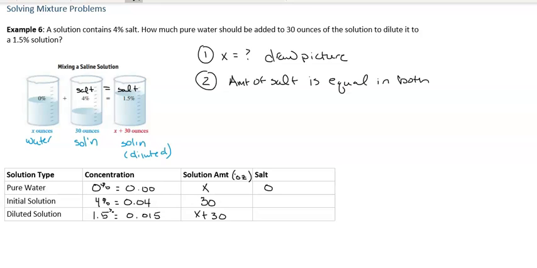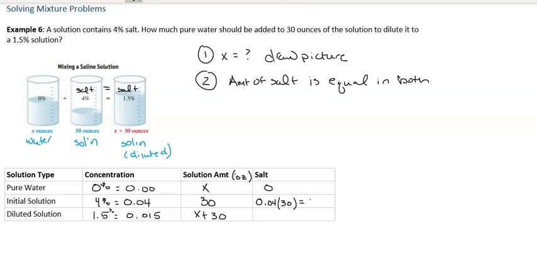So in the initial solution, the salt, and this is key to understand, is we're going to say, well, it's 4% salt. So this is our part, 0.04, and that's our rate. So 0.04 times 30. That's the whole. Okay, so part times whole, percent times whole. I shouldn't have said part, I meant percent. 0.04 is our percent. Percent of the whole equals the part.